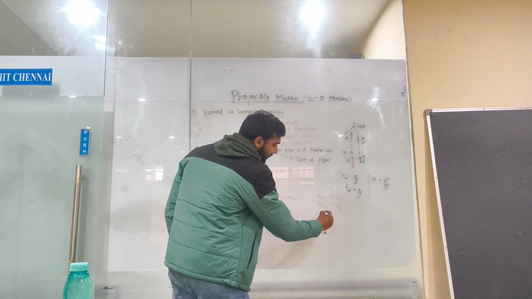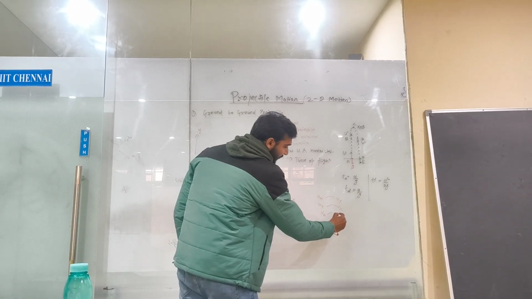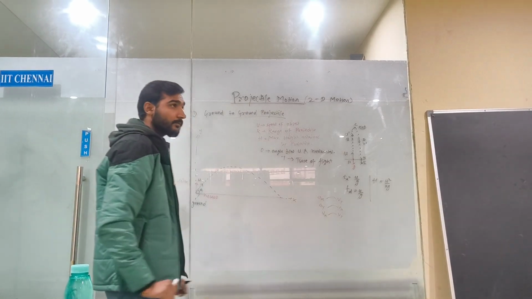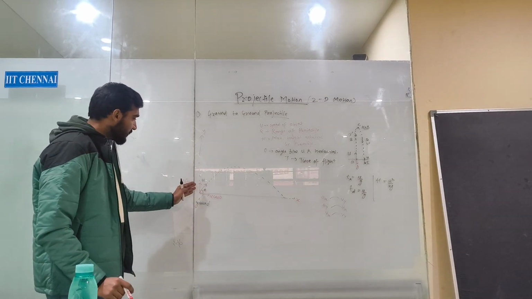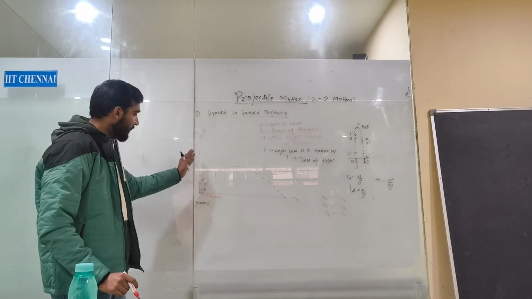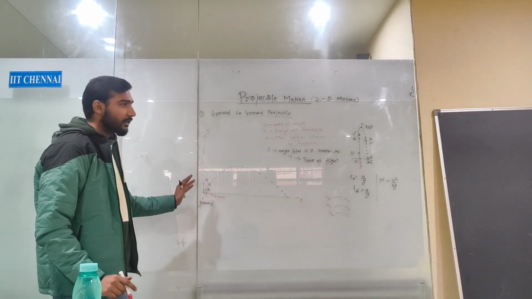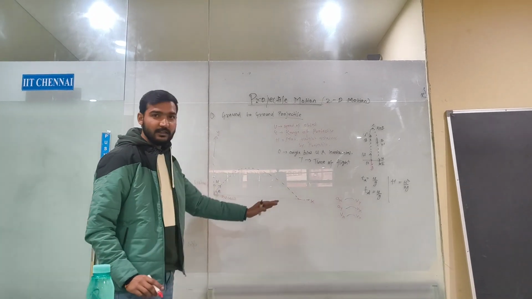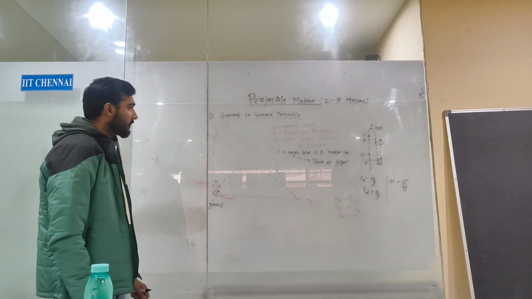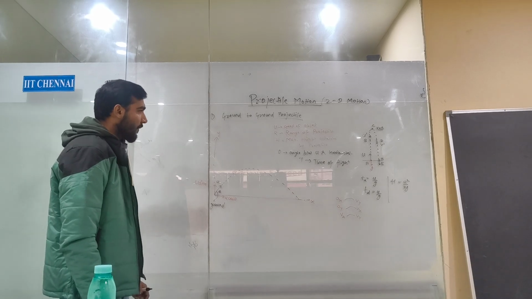Or you can say, if there is velocity in the x direction, it doesn't affect the velocity in the y direction. So we have to understand the motion in one direction also, and separately we can merge this at the last of the concept.